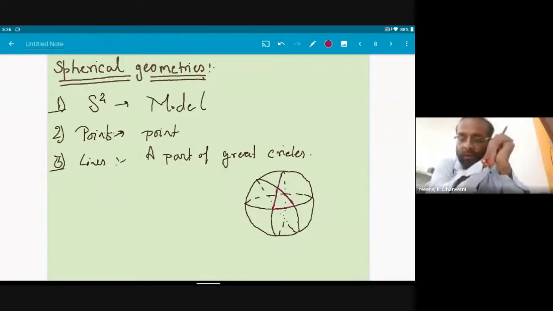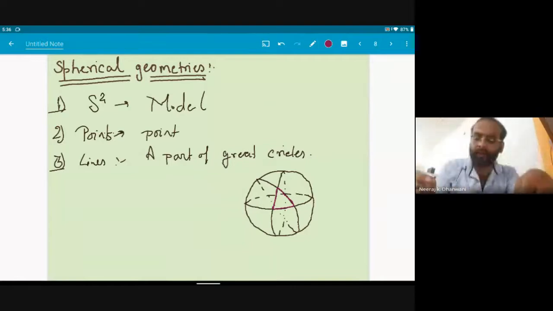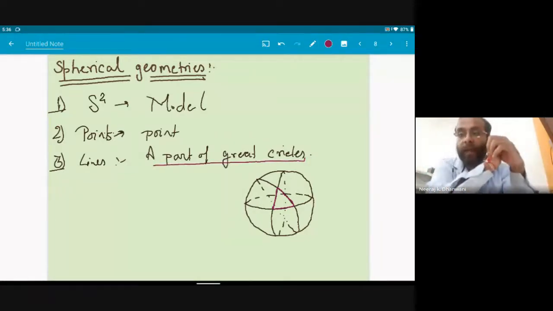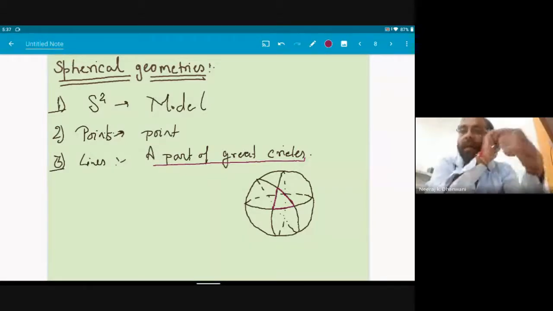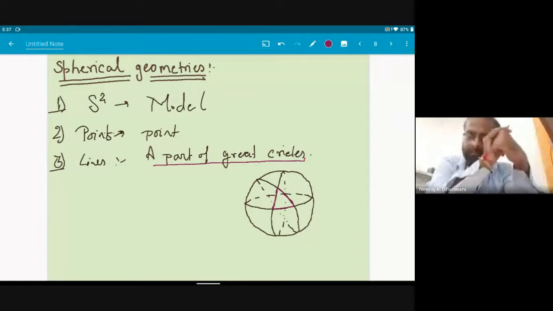At what points does it differ? One thing is, by this definition of the great circle, there is no parallel line. If you draw any line on your surface, the other line has to intersect it. Easy to see.